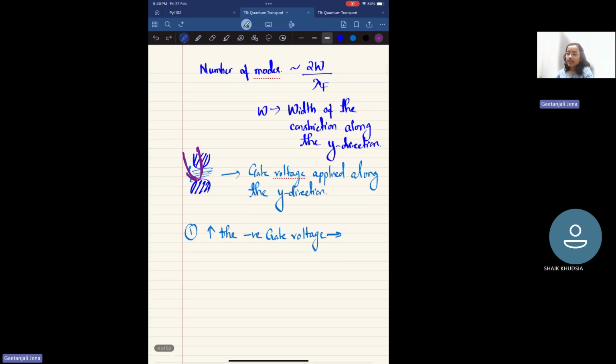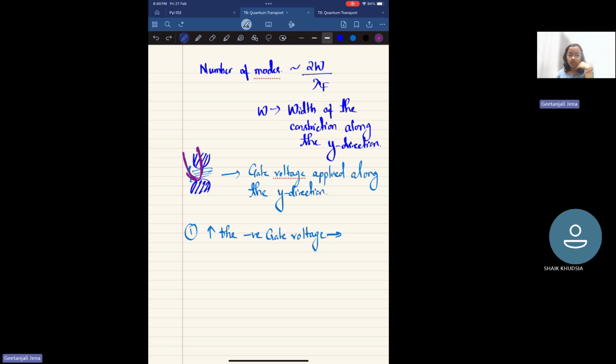Because it is in the y direction, it is n plus half h cut omega c, there is a confinement. And now we are increasing the negative gate voltage. Because the energy levels are crossing one by one, we'll see a step-like variation of resistance or conductance when we increase the negative gate voltage.